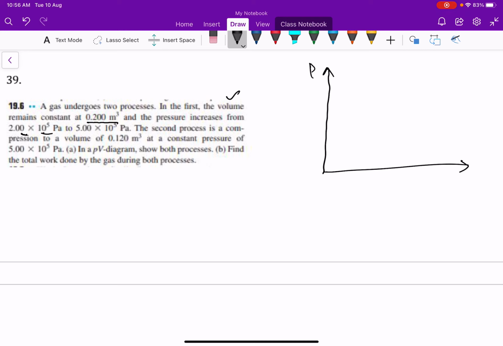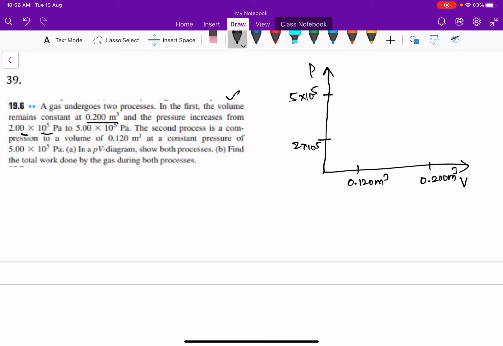Consider this is P and this is V. Here the initial pressure is 2 into 10 to the power of 5 pascals, and the final pressure is 5 into 10 to the power of 5 pascals. And let us consider this is 0.120 meter cube and this is 0.200 meter cube.